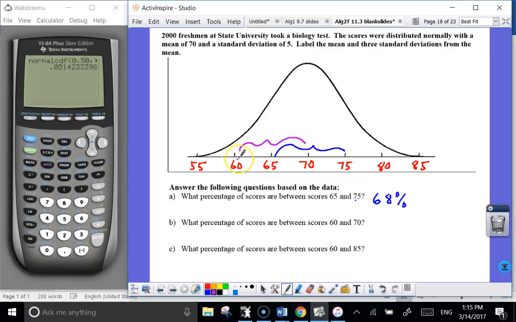That would be from 2 standard deviations to the left and 2 standard deviations to the right. What percent of the data is in that range? Right. Plus or minus 2 standard deviations is 95%. So how much is in half of that if you just go 60 to 70? Well, that would be 95 divided by 2, which is 47.5.